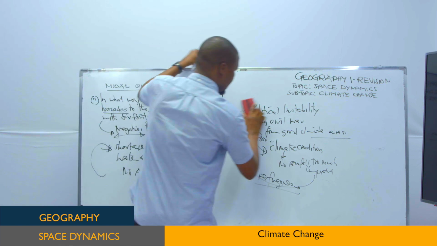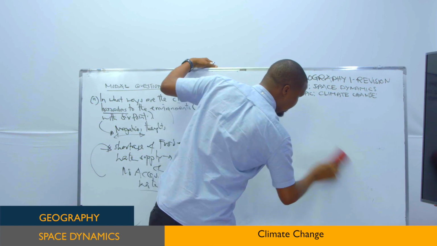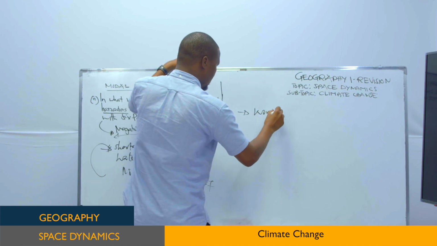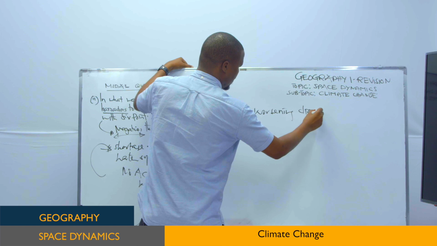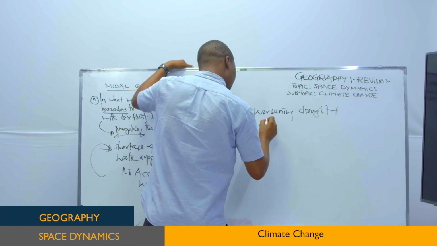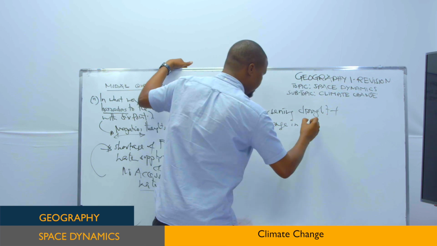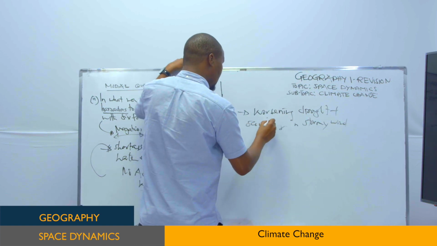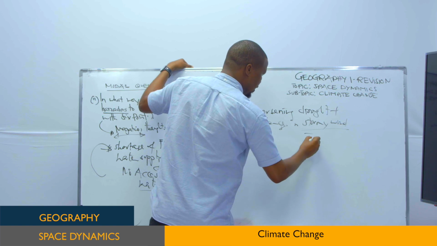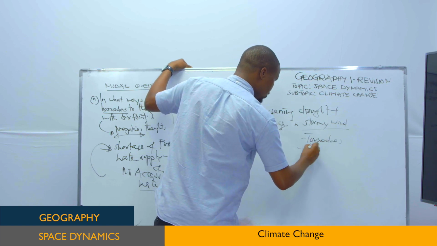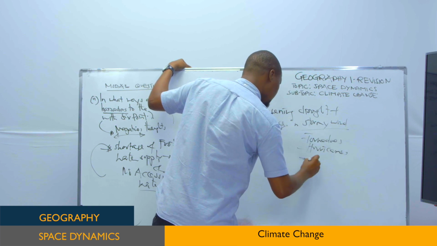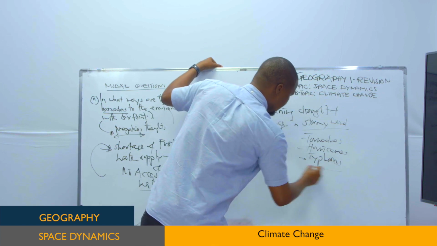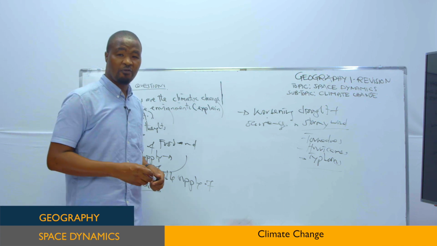But also, the change in climatic condition of a given area may result in worsening drought and the occurrence of storm winds, for instance, tornadoes, hurricanes, and typhoons. These are the storm winds caused by the variation of climatic condition of a given area.